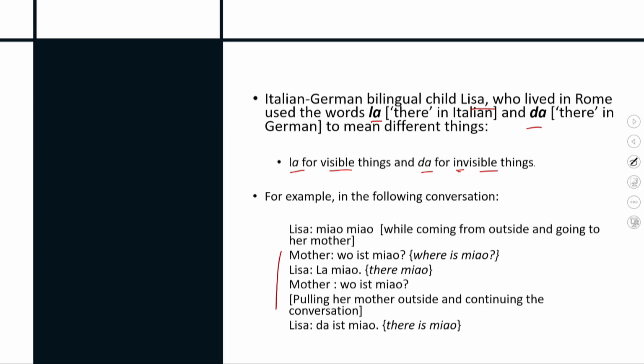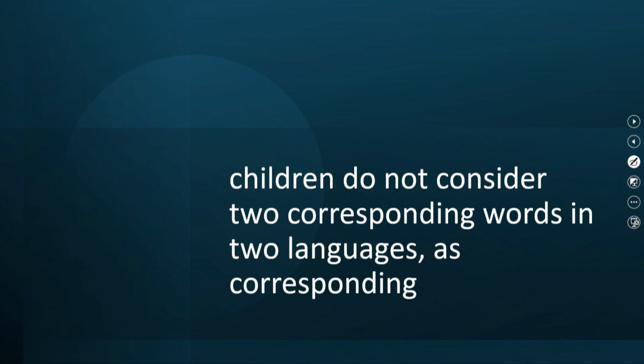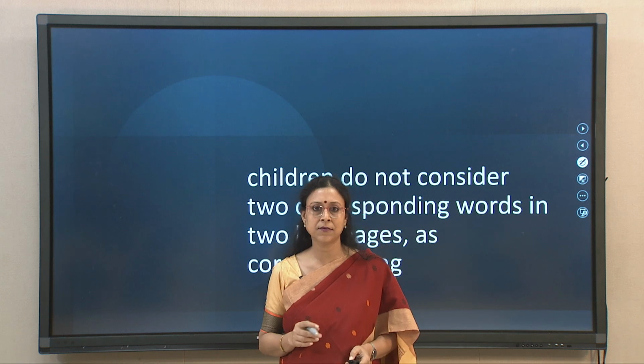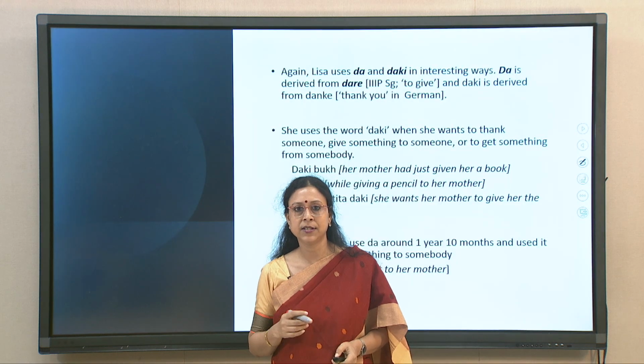She is talking about a cat which is outside. When the cat is outside, she is using one term, and when the cat is inside, she is using another term. So, this is how she is differentiating them in terms of their conceptual overlap. Children do not consider two corresponding words in two languages as corresponding. That is the baseline of this.